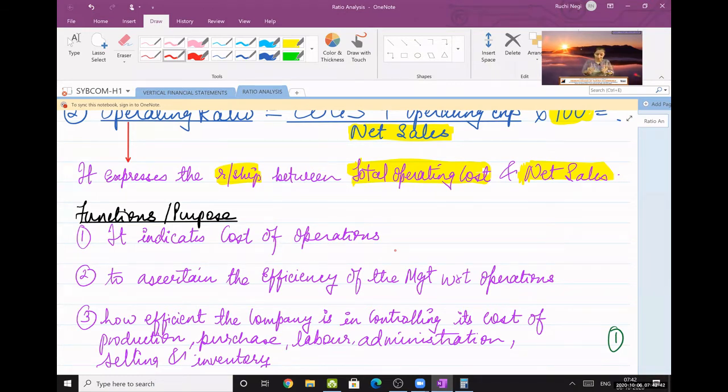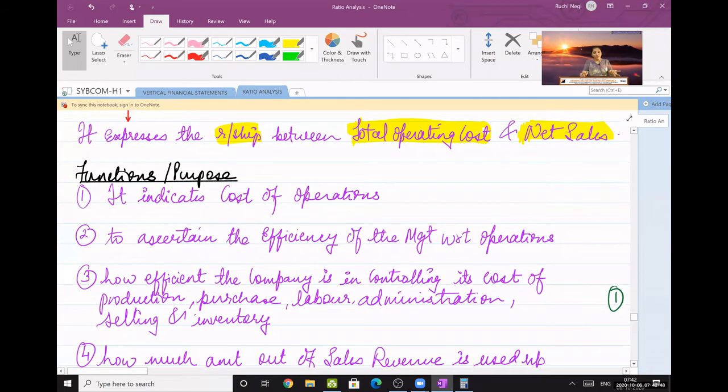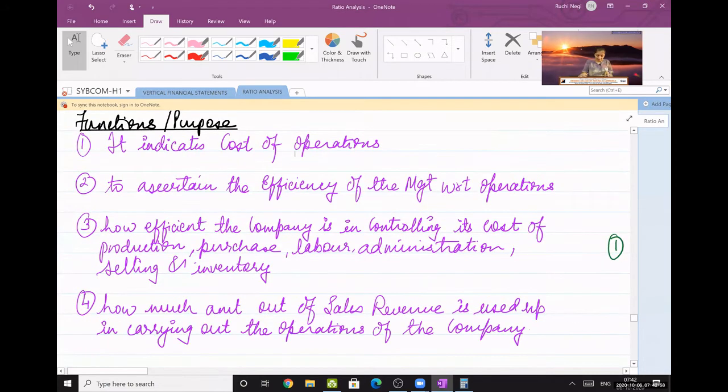So all these 3 parts comprise operations. Even production activity is a part of operation. Manufacturing, yes.